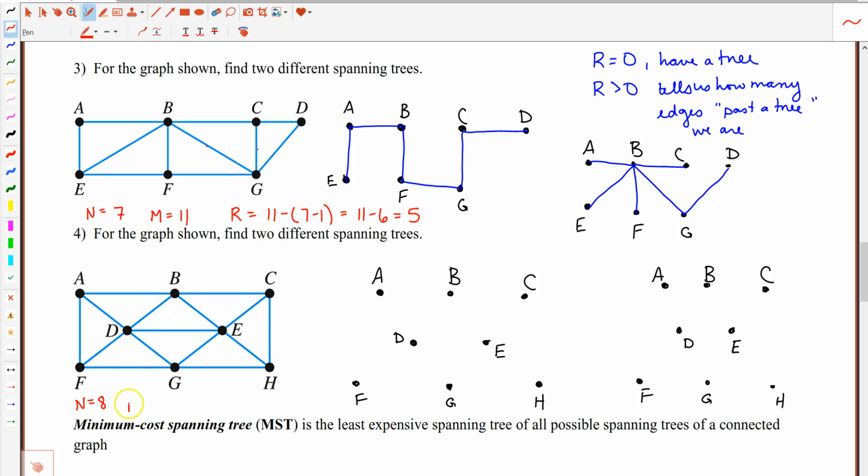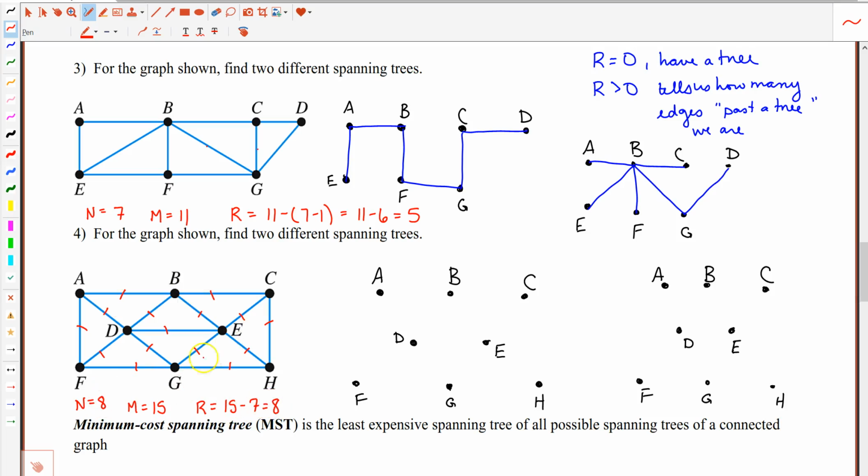This initial graph has 1, 2, 3, 4, 5, 6, 7, 8, 9, 10, 11, 12, 13, 14, 15 edges. So the redundancy of this graph is going to be 15 minus 8 minus 1, which is 7. So then 15 minus 7 is 8.